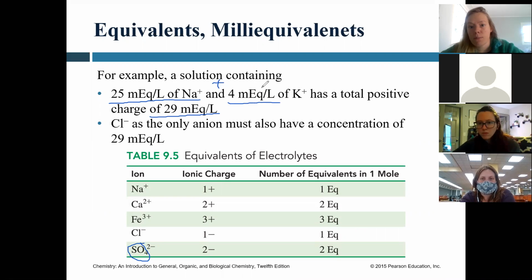You don't always just give them potassium. A lot of times they're a mix of the 2, and you can just add those equivalents together. Now, something had to deliver that positive charge, or we have to have a counteracting negative charge. So if we delivered those sodium and potassium with chlorine, chlorine would also have to have 29 milliequivalents. Whatever your negative equivalent is, it has to equal the positive equivalent, and vice versa.